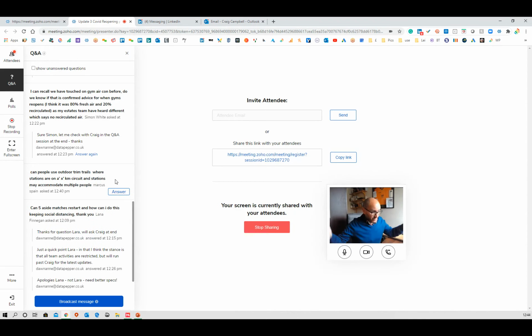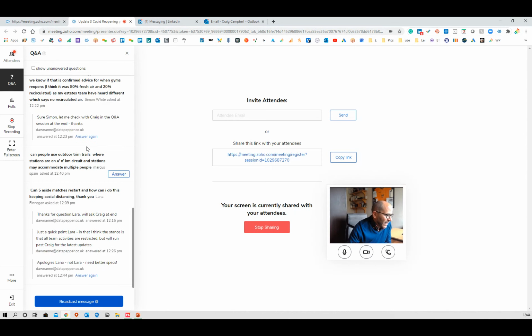That's where the Elite Sport is starting to mess it up slightly and people are getting slightly confused. But 5-a-side and contact sports are not back. What the NGBs are all starting to come back with is you may be able to set up training if you have the right... So in England, if it's under 6 and you've got the space and they don't touch and you don't share the ball.